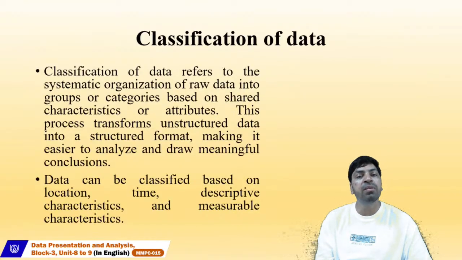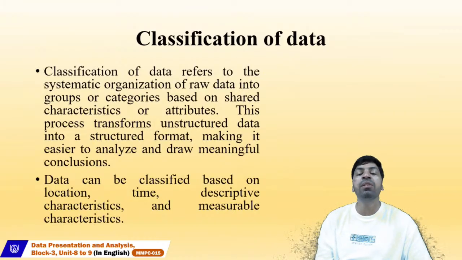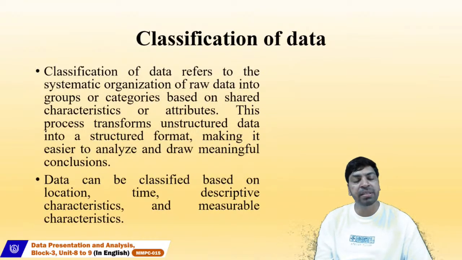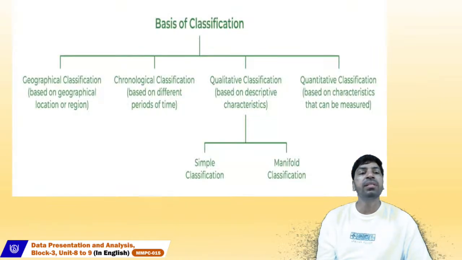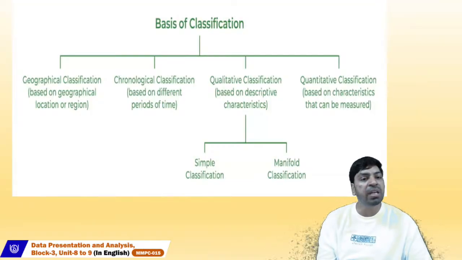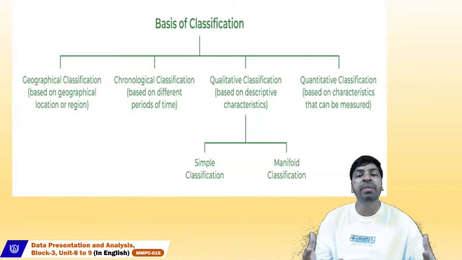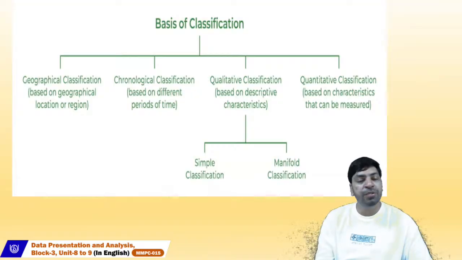So in this particular section, the data can be classified on the basis of location, time, descriptive characteristics, and of course the measurable characteristics as well. So this is the basis of classification. The first one is geographical classification. On this basis, the categories are based on the location or the region.